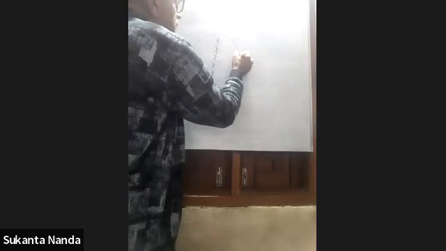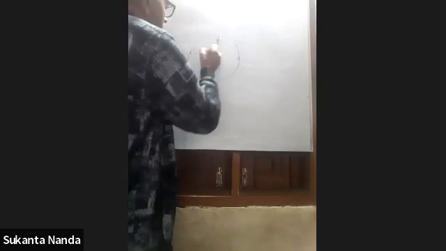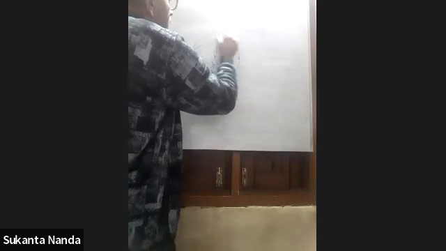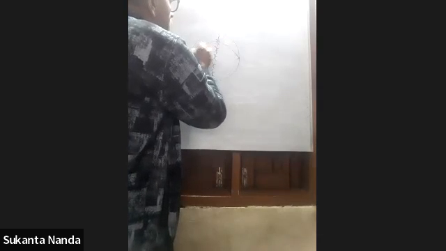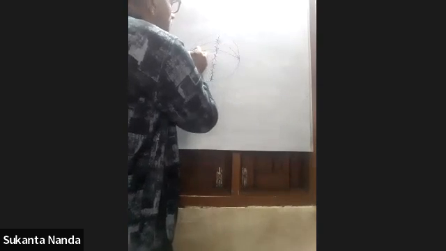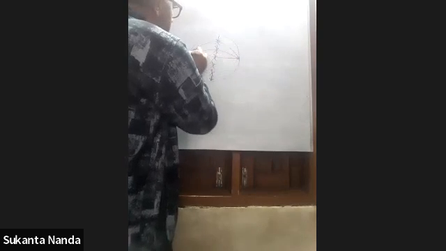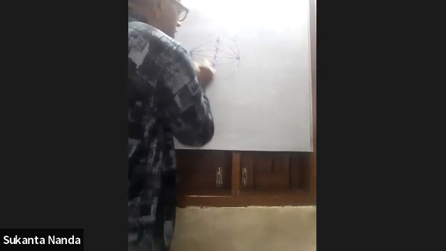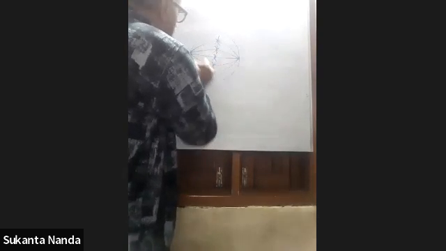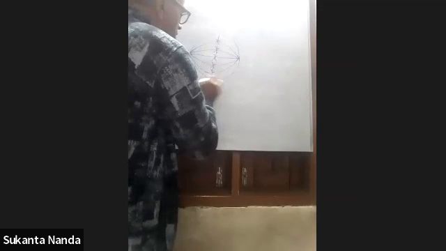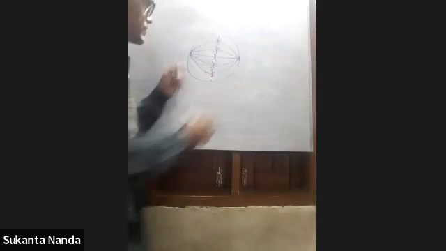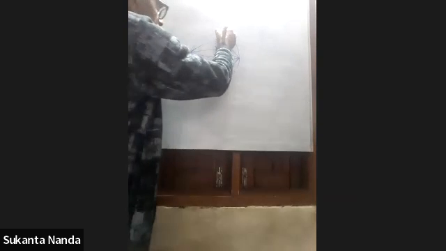Here you will have to make the centrioles. One is attached, another also. These are the spindle fibers. This is spindle fiber, and this is the equatorial plate.